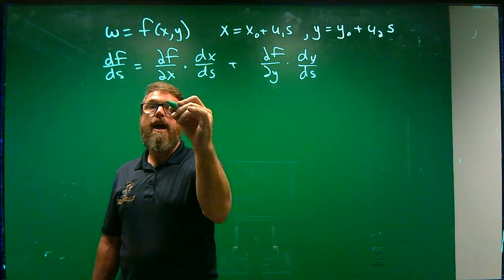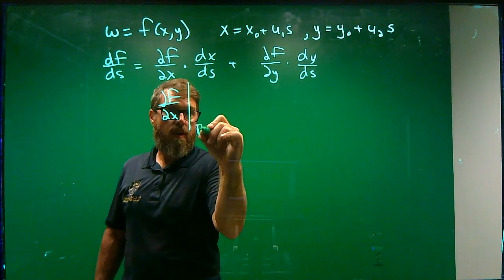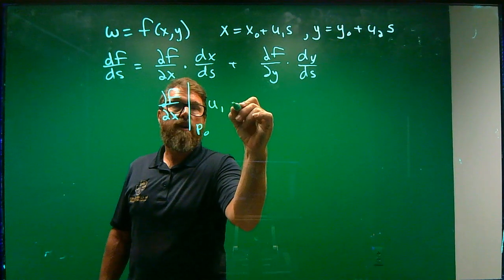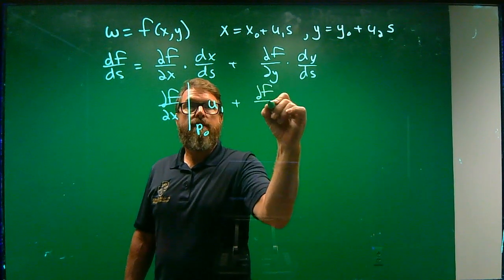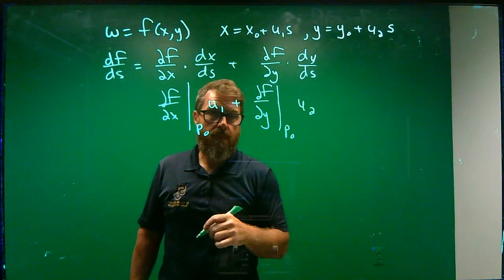So really what we have is df dx evaluated at our p naught times u1, plus df dy evaluated at p naught times u2.